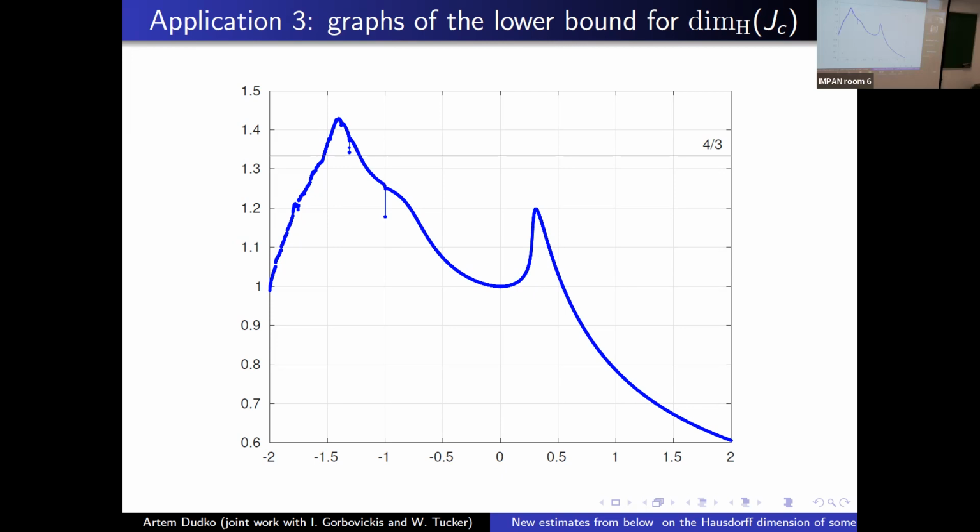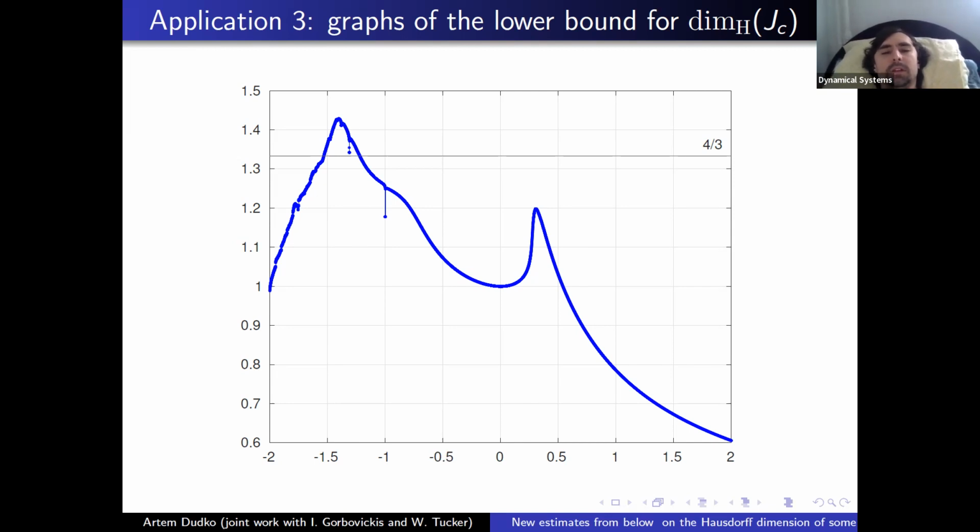This is a lower bound. So probably indeed you study only this part, what happens with the original boundary of the basin of infinity. You don't consider new pieces of the Julia set which are due to the bifurcation. Okay, I understand.